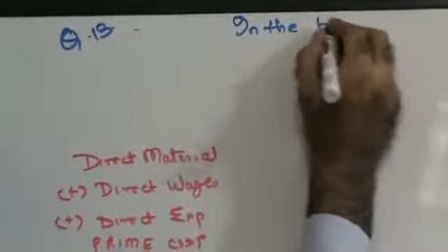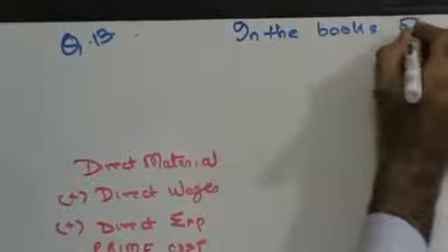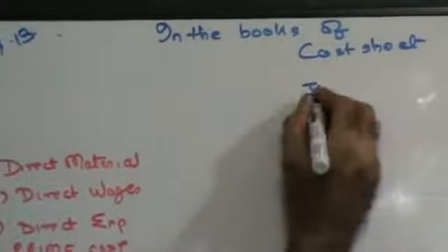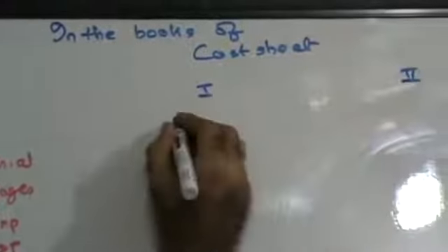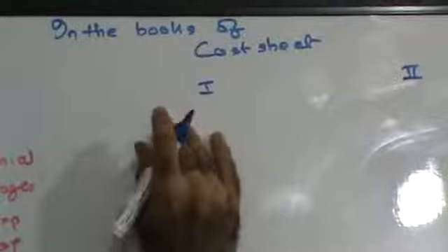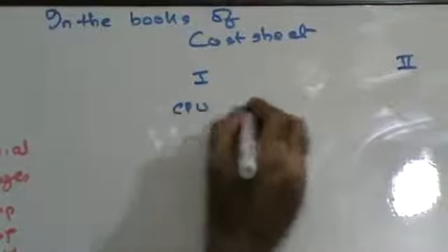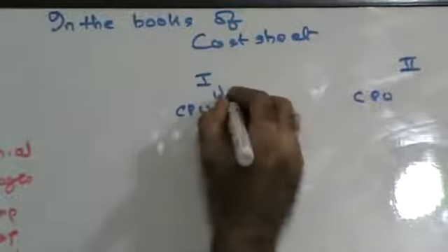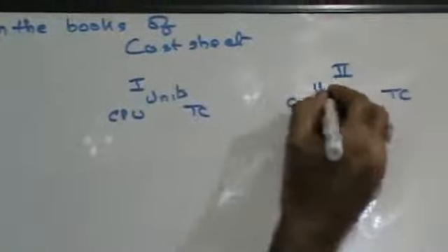Cost sheet. They've given you 2 years data, first year, second year, CPU, TC, units. Right? Let's see this.